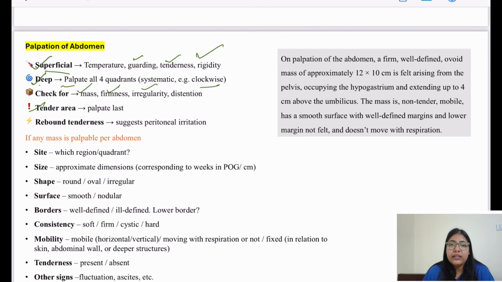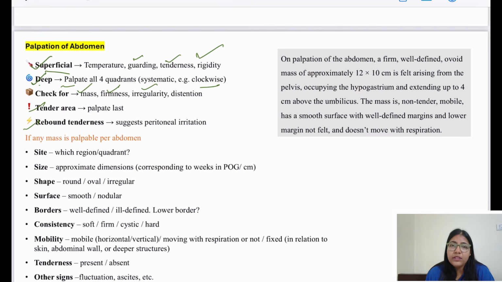If you think that this area is tender on palpation, so what do you do? You check that area at last, because if you do it first, then patient may become uncomfortable and she may not allow you to check the other areas. So you check that area at last. And also check for rebound tenderness, because what is rebound tenderness? So when you just palpate and when you lift your palm, patient will wince with pain.